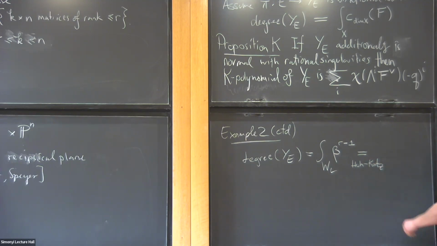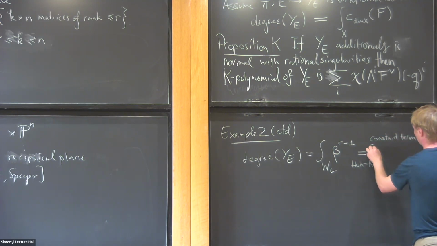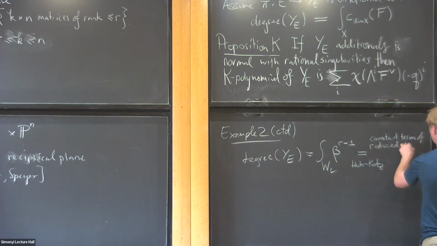The constant term of the reduced characteristic polynomial of the matroid.